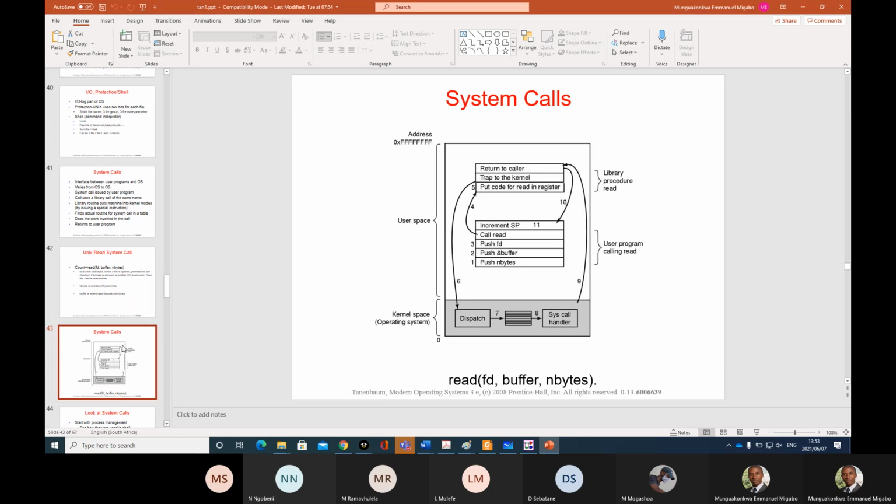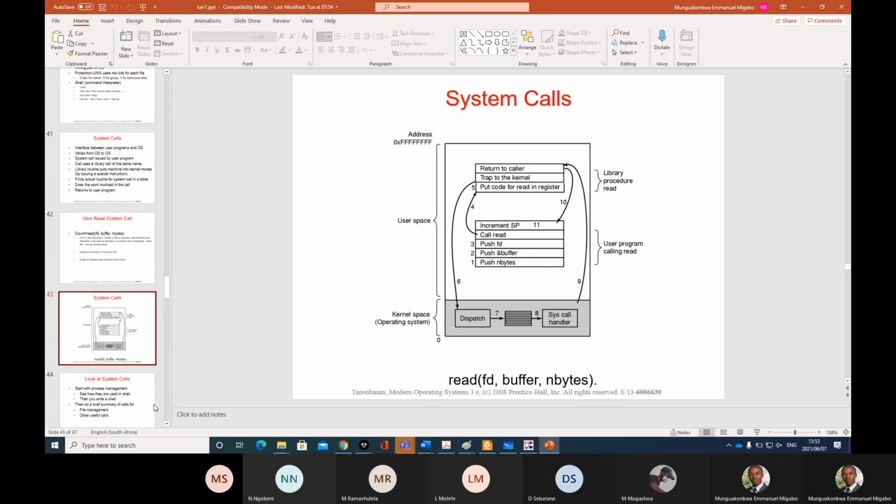When you see SP, it means it's a stack pointer, which defines where we are in the execution. The stack pointer keeps track of the step at which we are as we execute the procedure that defines the system call. So in the stack, we'll go from 1, 2, up to 11, depending on which step in the procedure we are at. Okay, that is very important.